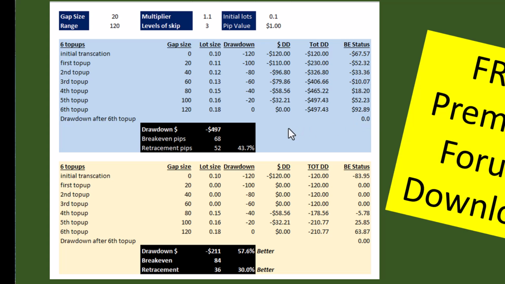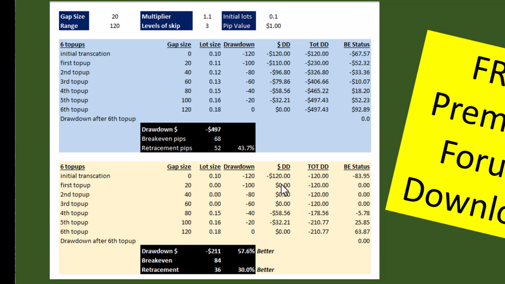So we are going to be looking at ways of reducing the risk here. Now this is a picture, so I can actually go into one of the ways right away, and one of the ways is basically to skip, and that's where the skip strategy gets, skip some of the top-ups. So in other words, if we say we want to skip 3 top-ups, what would happen? The initial trade would happen, and then we just skip the next 3 trades.